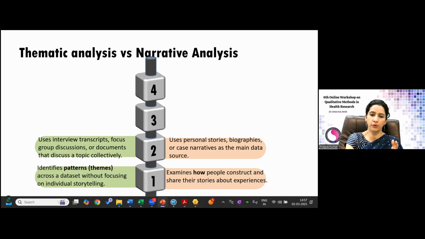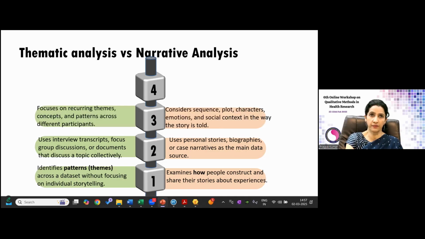And here you are focusing more on personal stories, case narratives, and biography. In thematic analysis, you are focusing on recurrent themes and patterns across different participants, and in narrative analysis, basically you are more on the emotional part, characters, plot, change in the storytelling, any new thing which has come up, the way the story is told.